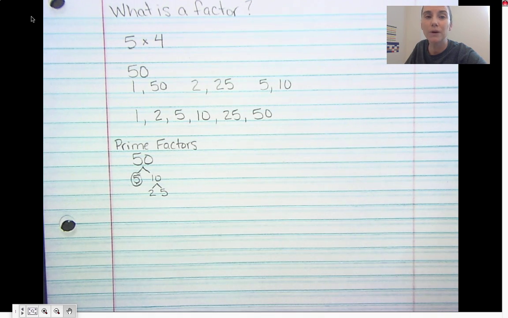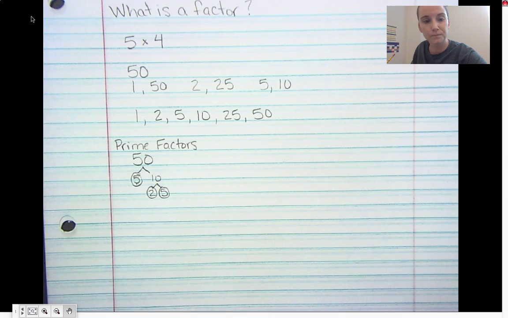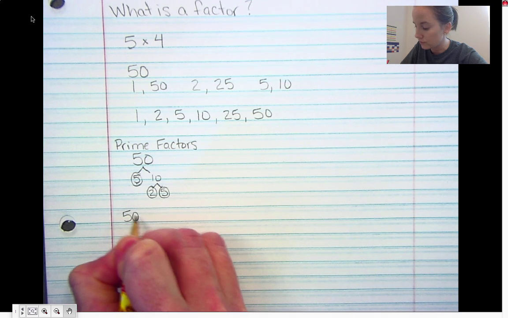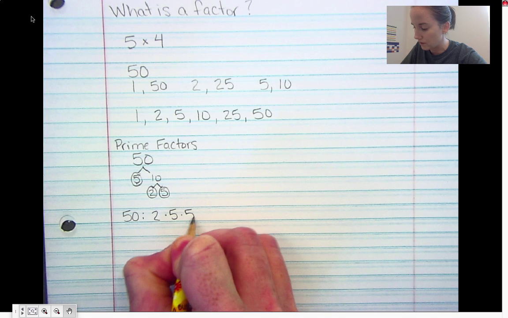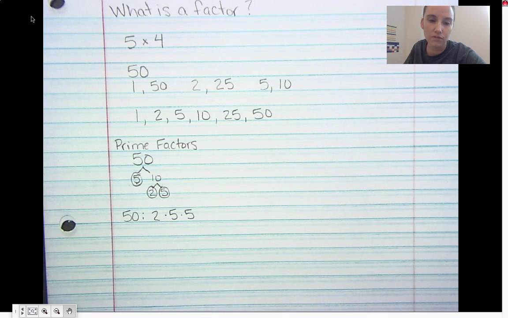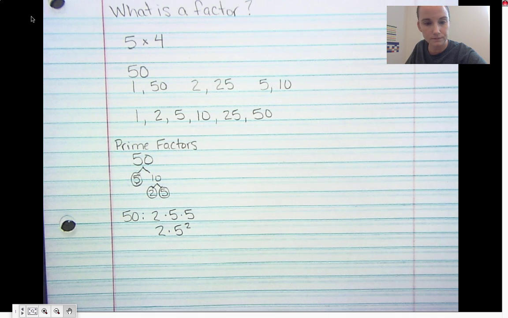And both 2 and 5 are prime, so we'll circle those. At this point, we can write down that the prime factorization for 50 is 2 times 5 times 5, and sometimes you may want to simplify it and write 2 times 5 squared.